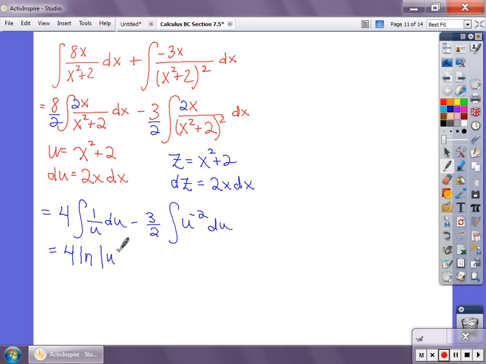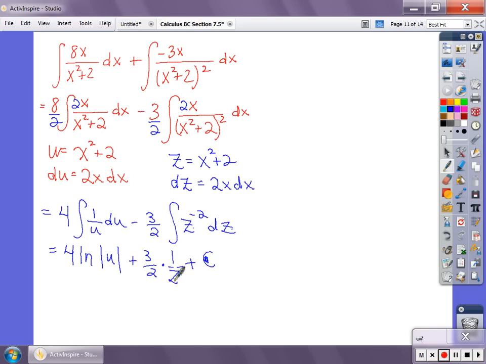Add 1 and divide, it'll become positive 3 halves times 1 over z plus c. And now it's time to, or excuse me, these should be z's here. Too many u substitutions in my day. There we go.